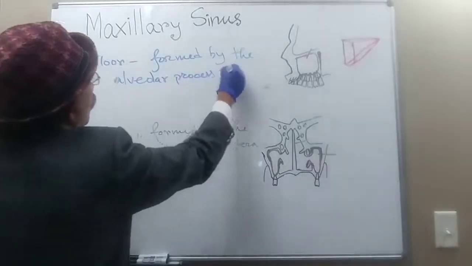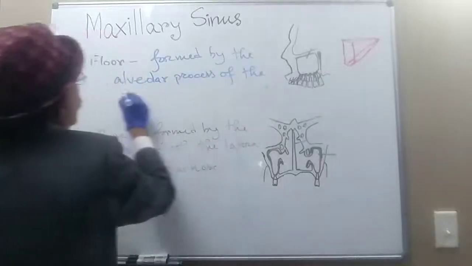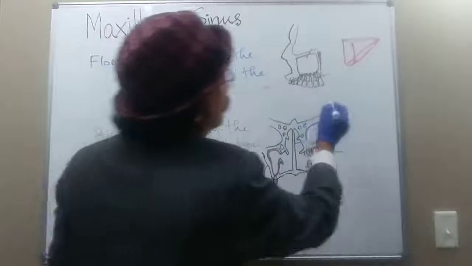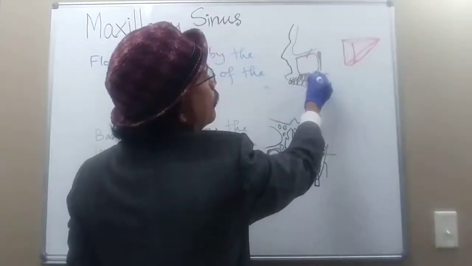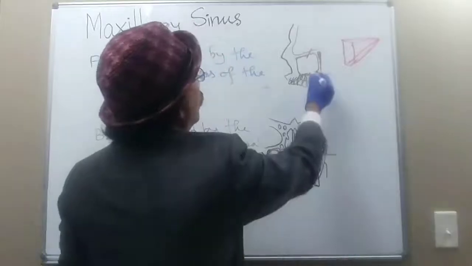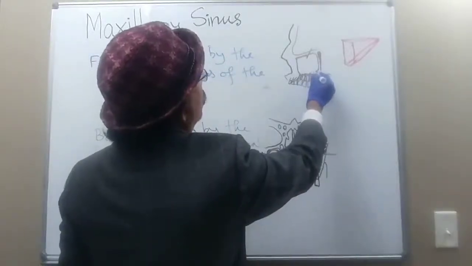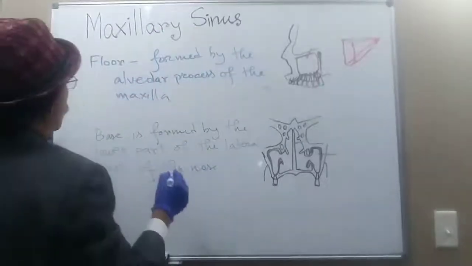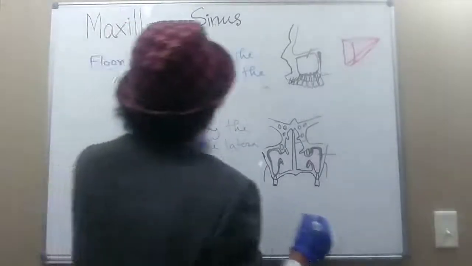So this is the floor. It is formed by the alveolar process of the maxilla. Okay. We got base, we got floor.